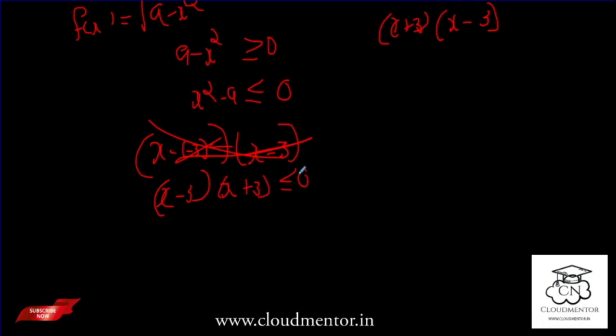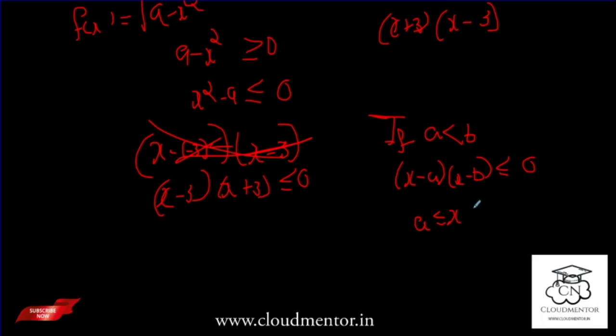So now we can easily find the possible values of x from this inequality. We know that if a is less than b, and x minus a times x minus b is less than or equal to 0, then the value of x will be between a and b, that is a is less than or equal to x, which is less than or equal to b.